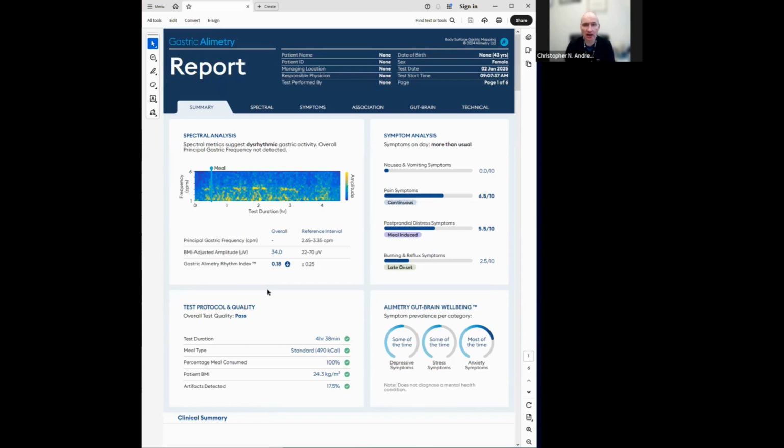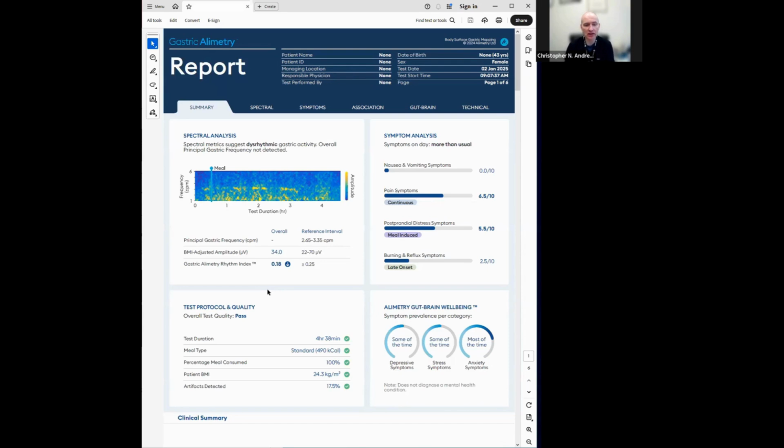So as I usually do, I just go first to the protocol quality assessment down in the lower left corner. And we just want to confirm what kind of standard meal they used. In this case, it was the standard Cliff Bar and Ensure drink, which was 490 calories, and the patient was able to consume 100% of the meal.